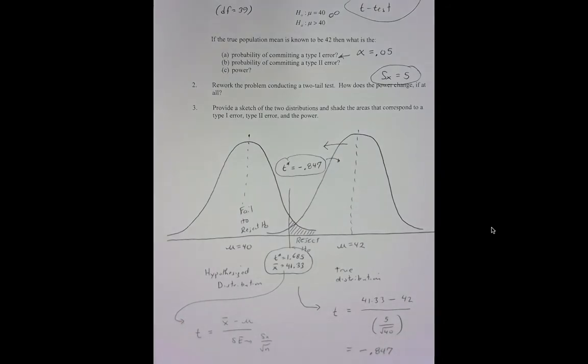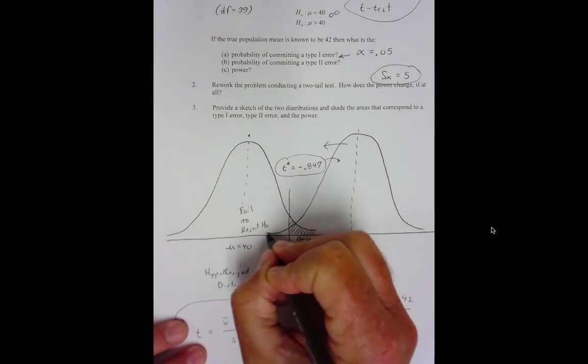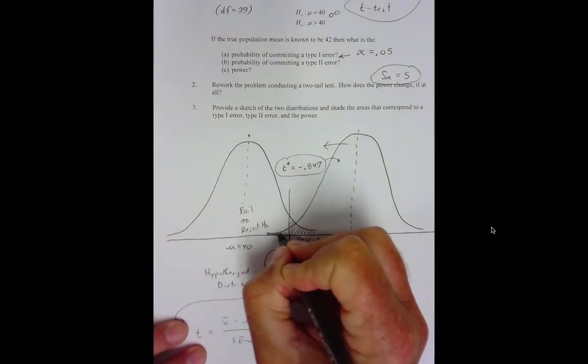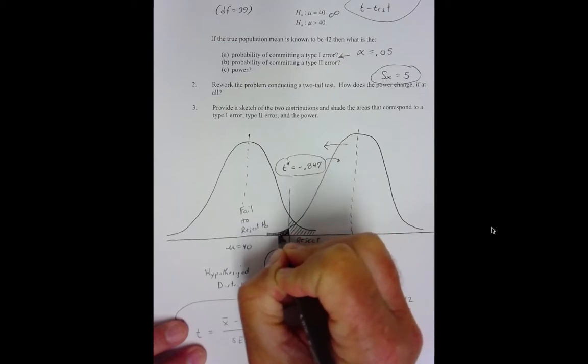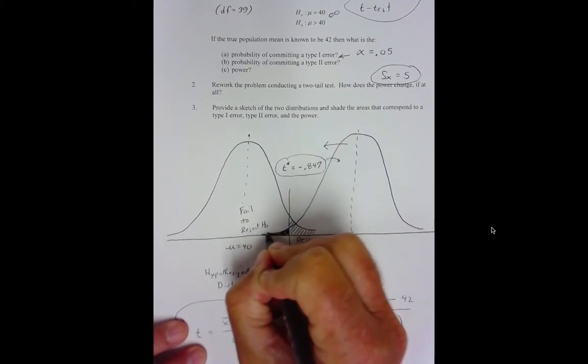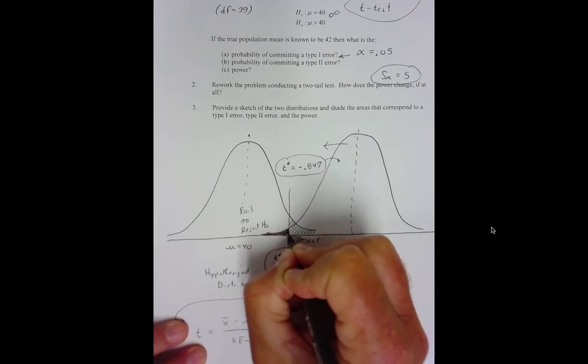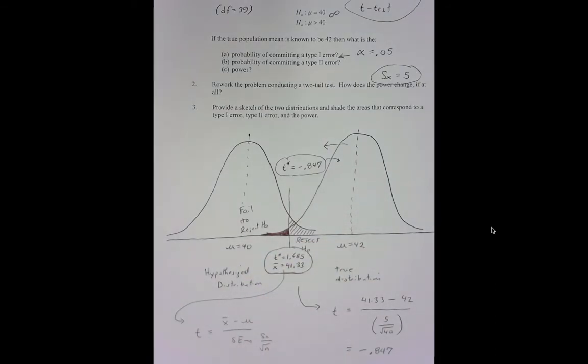First of all, where is the area shaded? Well, the calculation has to be from the distribution that we are truly drawing from. So it turns out that the probability of committing a type 2 error is that part right there.